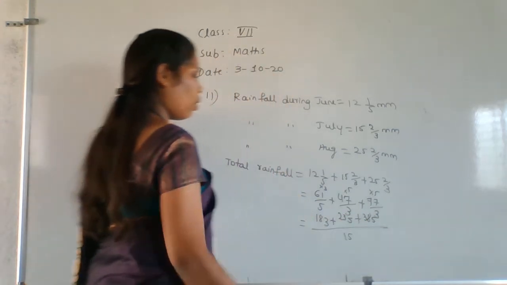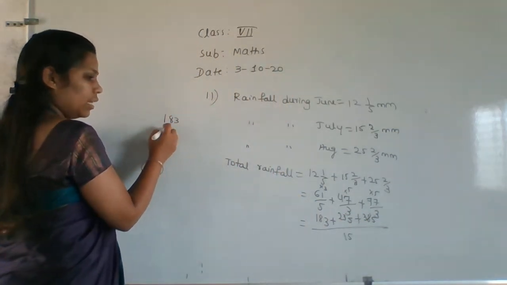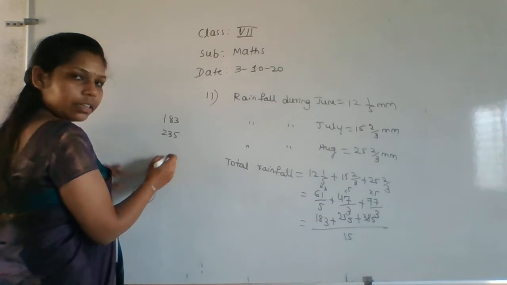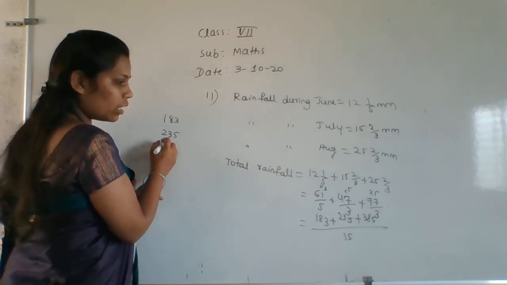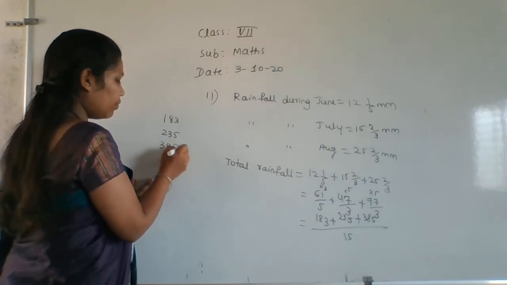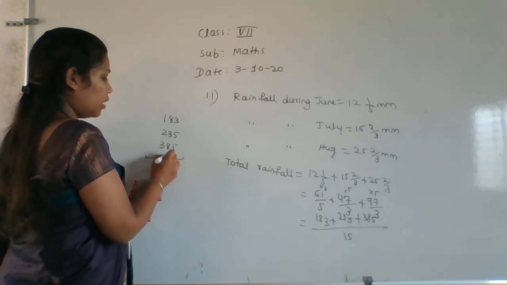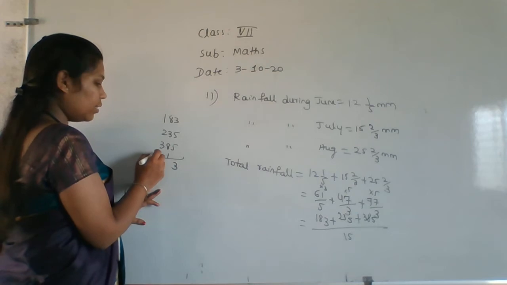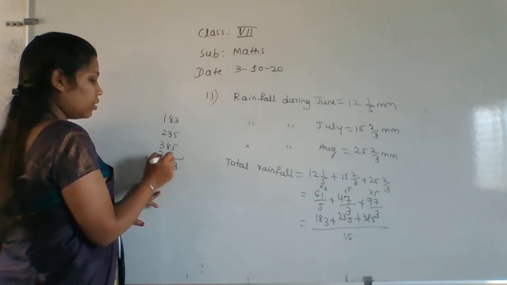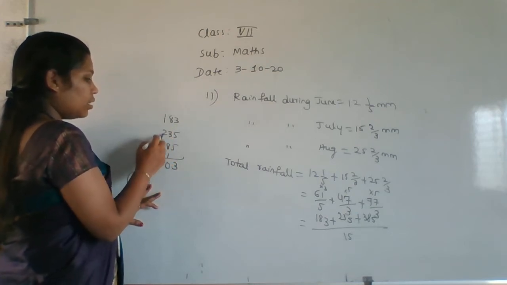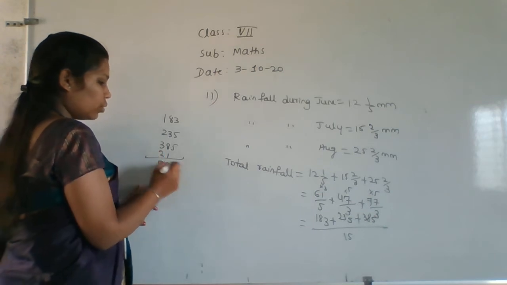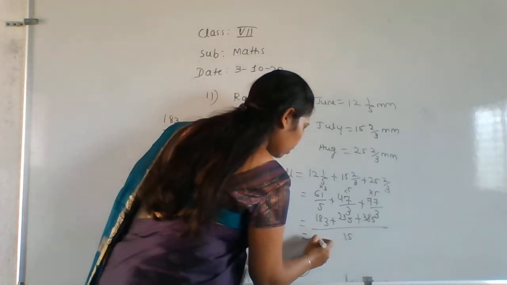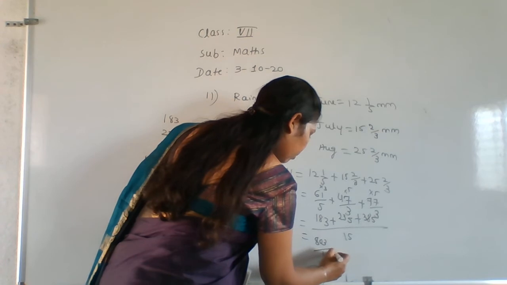Now add all the numbers. 183, 235, 385. Adding gives 803 by 15. Next, what is given?